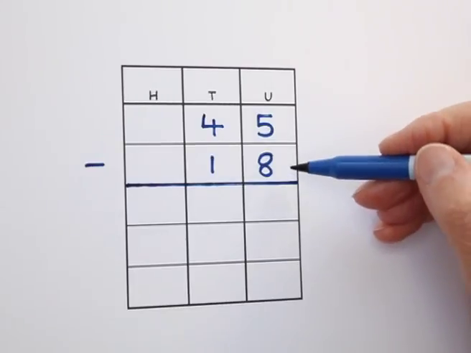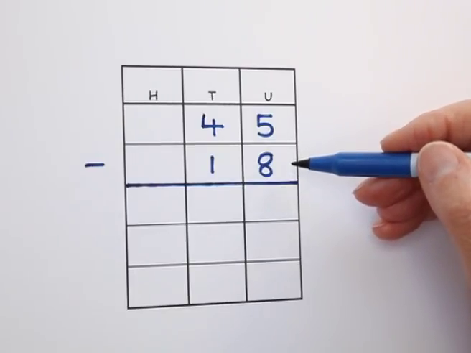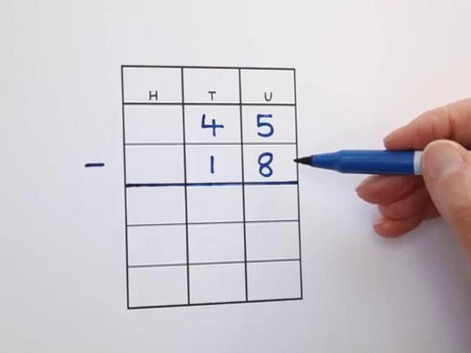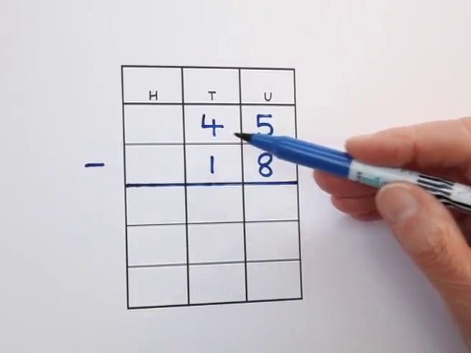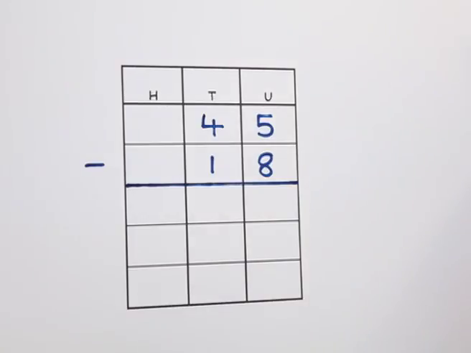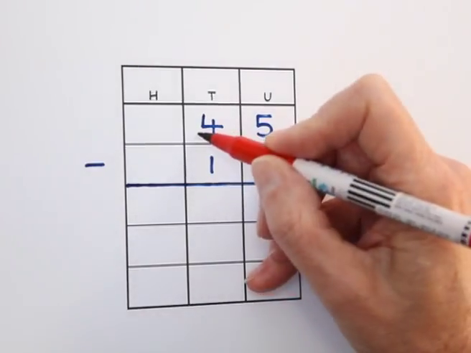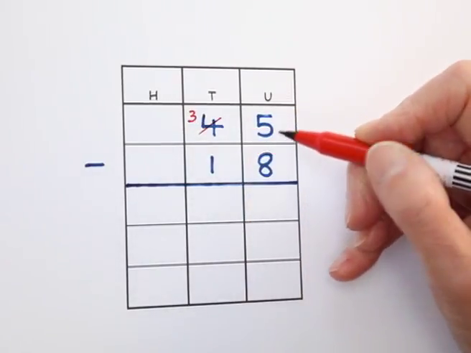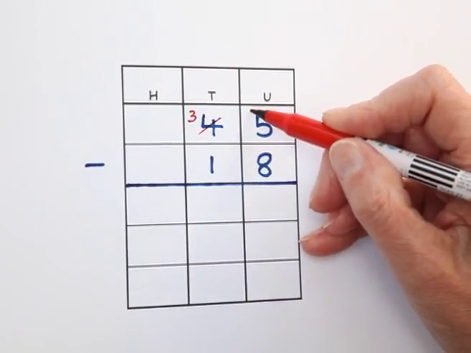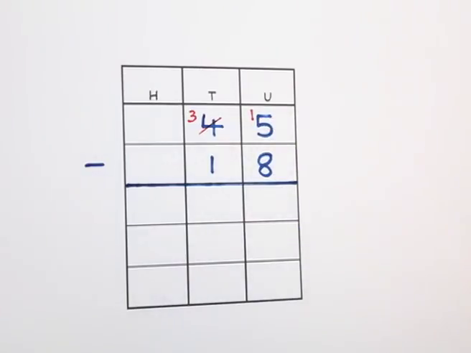45 take away 18. Starting, as always, with the units column, you have 5 take away 8, which you can't do. So you look in the tens column, where there are 4 tens. Take one of those, 4, leaving 3, and put it as a little 1 in the units column, making 15.